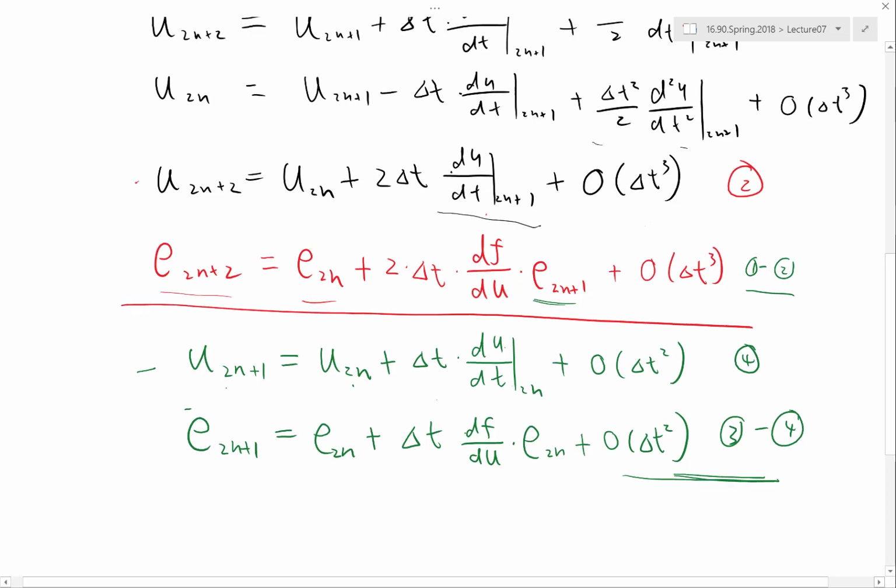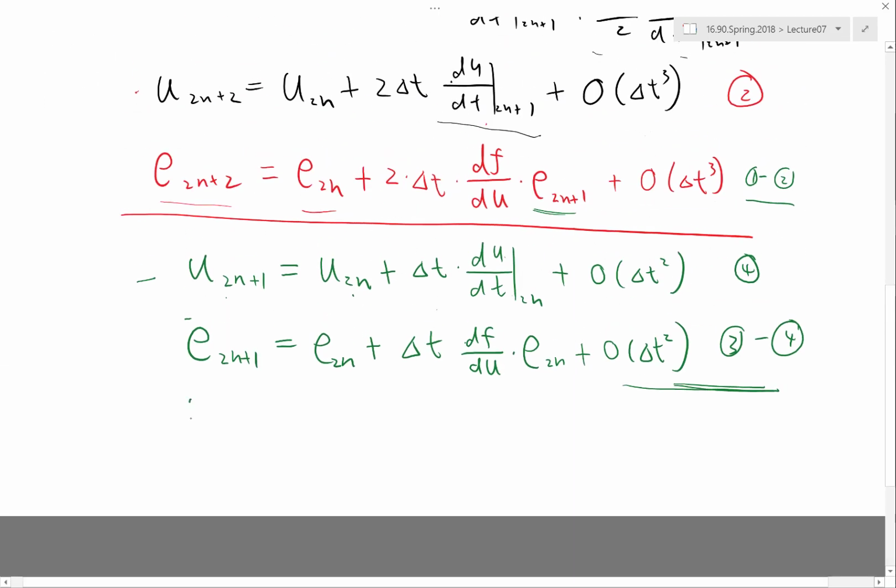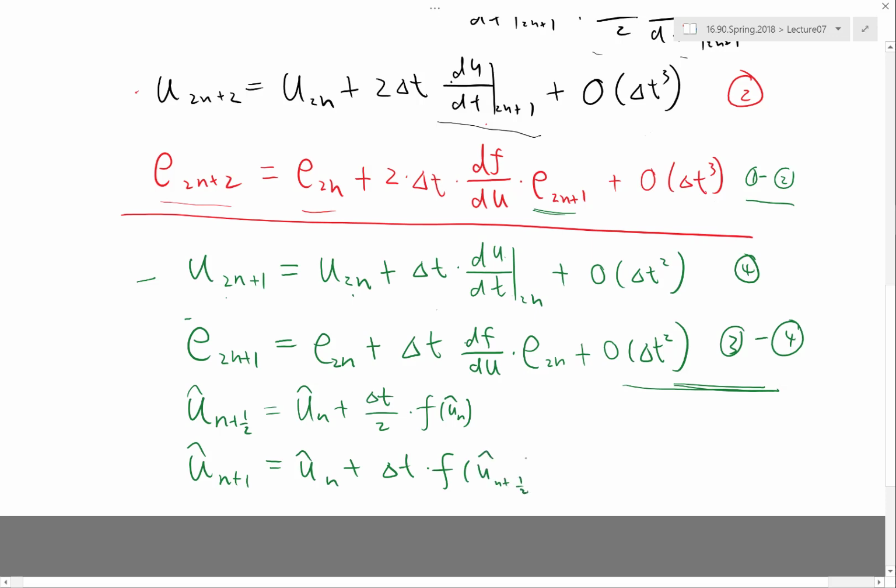So another way to write this formula is to say u at n plus half numerical is equal to u hat at n plus half delta t times f of u hat at n. And then my integer steps, which is the step that is actually second order accurate, is equal to u hat at n plus delta t times f of u at n plus half.